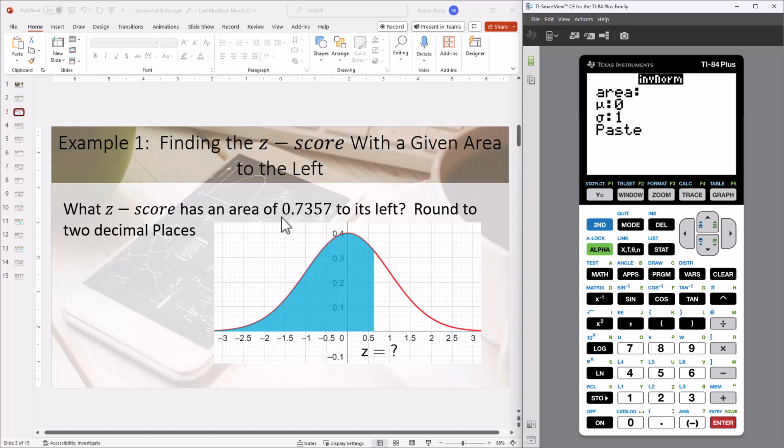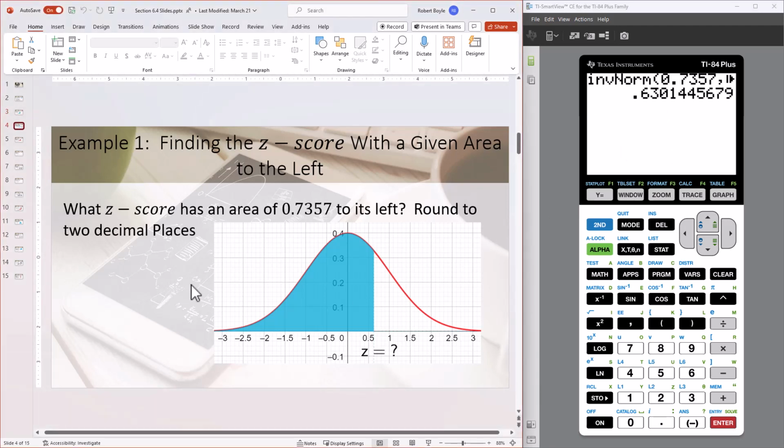So here, since this is the area to the left, we just want to type that in: 0.7357. Since we're dealing with a standard normal, the mean will be 0. The standard deviation will be 1. Hit paste, and that is our answer. Our answer happens to be 0.6301.